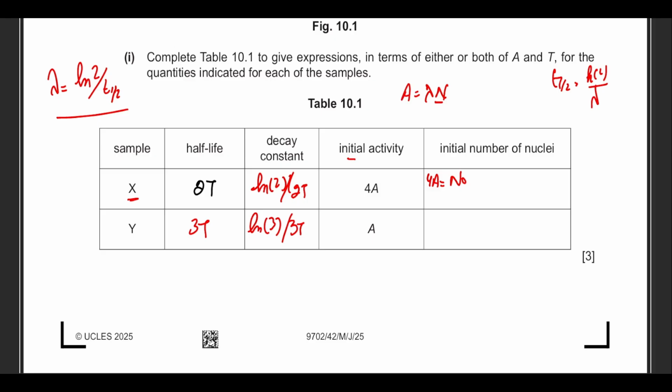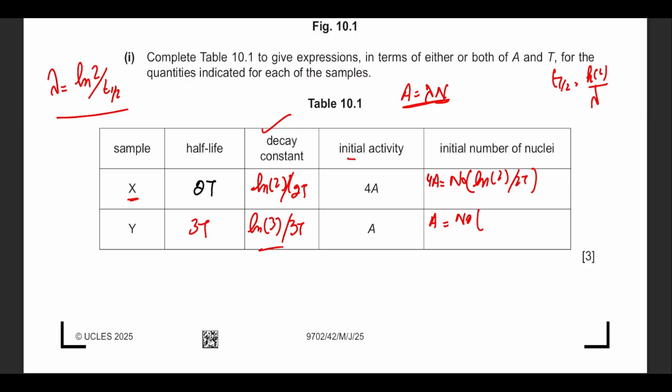We can simply do it by this method, using this equation, because we have the decay constant with us, right? So this is going to be ln2 divided by 2t, and this is A equals lambda N naught, 4A, and this was also ln2 by 3t.